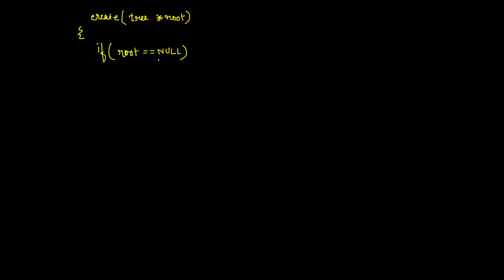So that means we can use one more pointer, say for example t, for creating the node. So we can call a create node function.